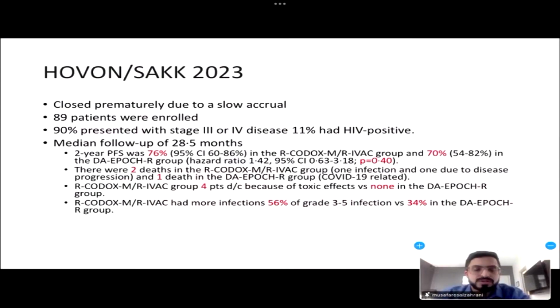There were 2 deaths only in the MIGRATH arm, one related to infection and another to disease progression, and one death in dose-adjusted EPOCH-R related to COVID-19. Discontinuation happened in 4 patients due to side effects in the MIGRATH arm compared to none in dose-adjusted EPOCH-R.